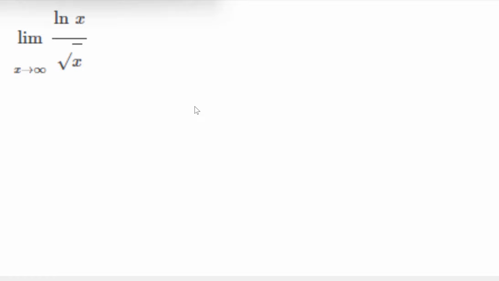The derivative of 1 over x is, you have to change it to x to the negative 1. And then do the derivative of that. So it should be negative x to the negative 2 power.